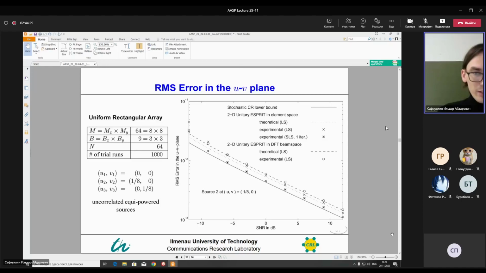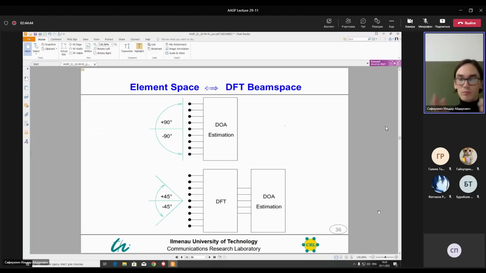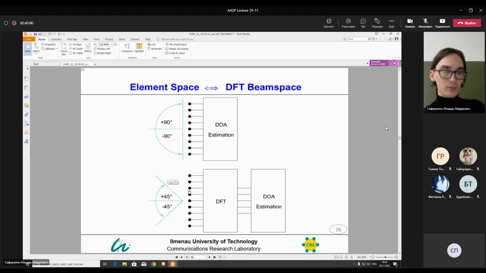For DFT beam space, we have bigger errors because we reduce, let's say, the aperture in some case, because we collect the number of antenna elements only for one flow.